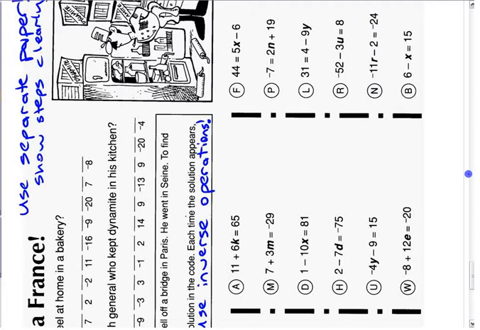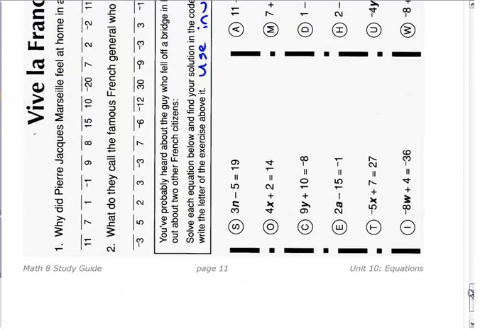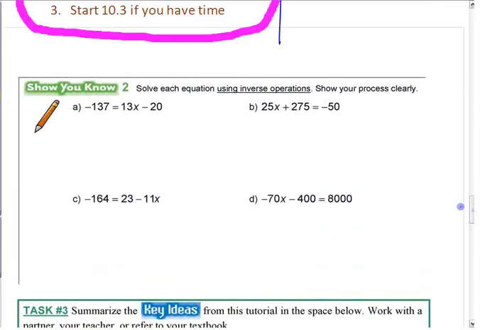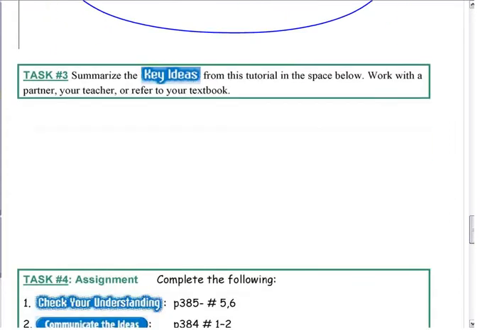Okay? You guys have 45 minutes. You have to get, at the very least, I know some of you are way ahead of this, which is fine, but as a minimum, you have to get that show you know with those 4 questions. This and that puzzle done. Not just by writing, scribbling answers on here.